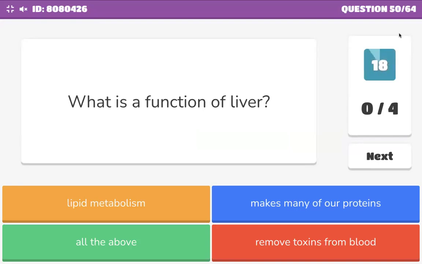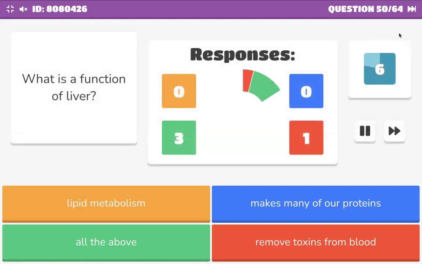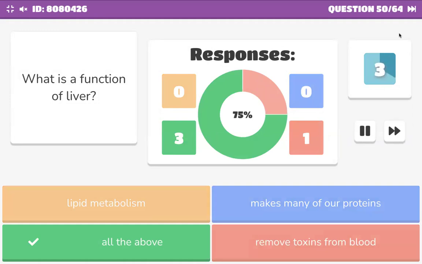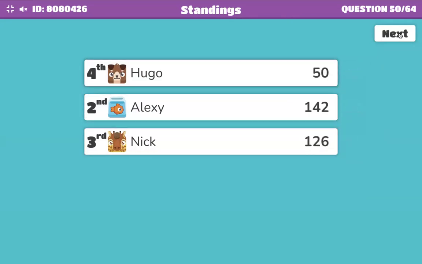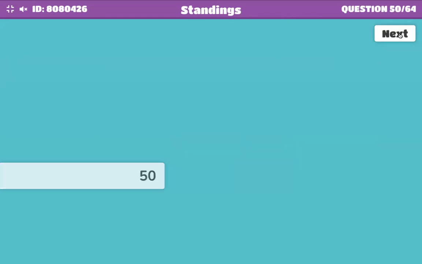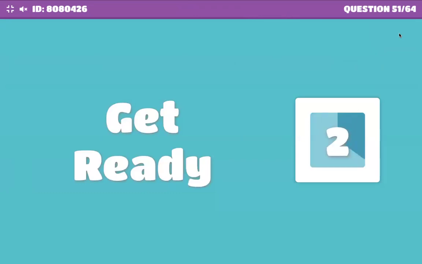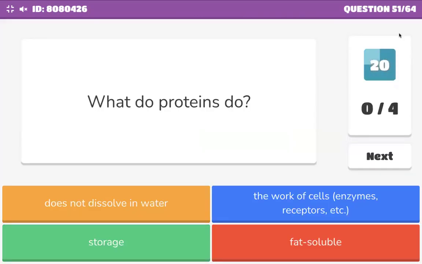What is a function of the liver? Lipid metabolism, makes many of our proteins, and removes toxins from our blood. What do proteins do?